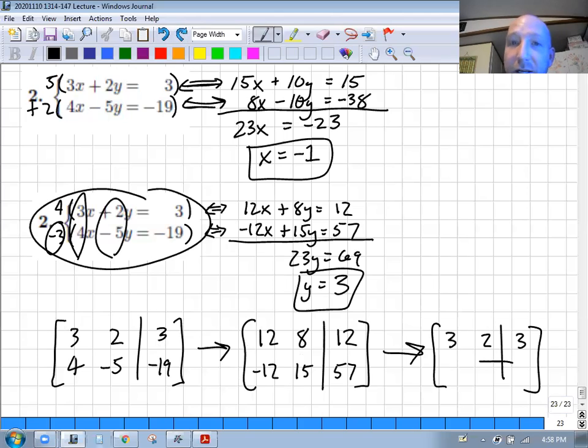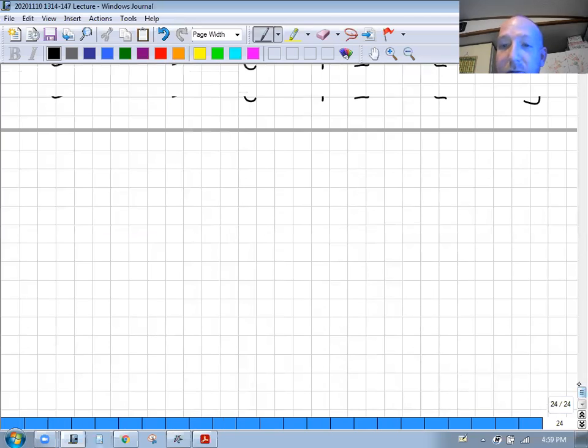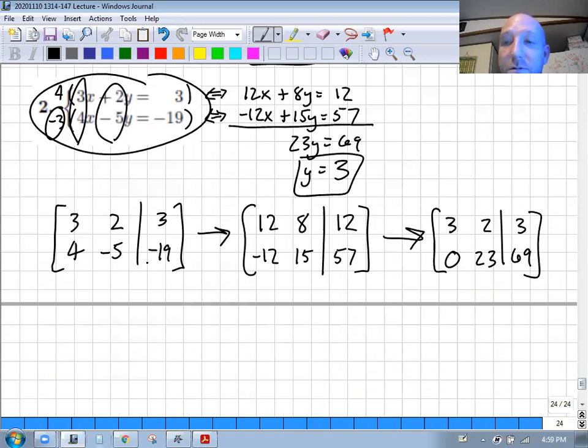But this one down here we're going to get from adding these two together. 12 and 12 is 0. 8 and 15 is 23. 12 and 57 is 69. Did I do that right? Yeah, I think I did that right.